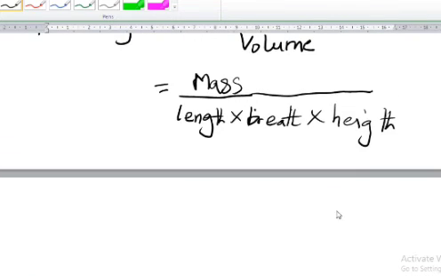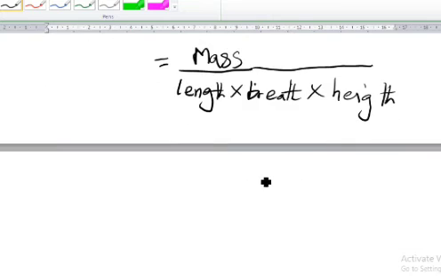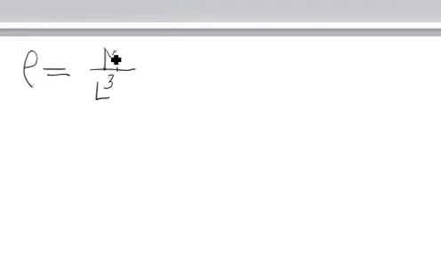And from the one we did here, we understand it to be length times length times length, so we can write rho as M over L cubed, which will give you M L minus 3.